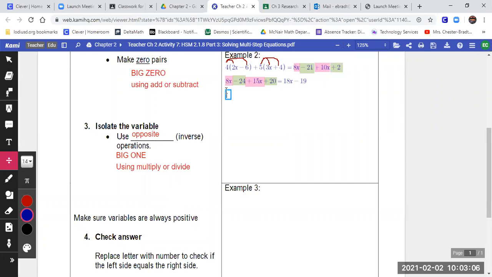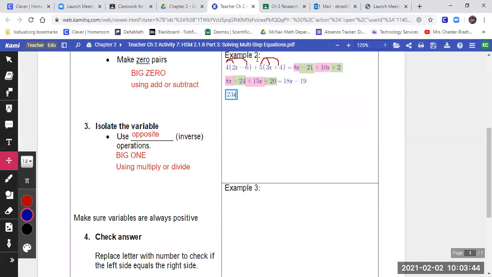Since they're both the same sign, what are we supposed to do? Different signs we subtract. Same sign, what do we do? Those are both the same sign. We add. Positive 8x plus positive 15x makes what? Positive 23x, not 23, 23x.